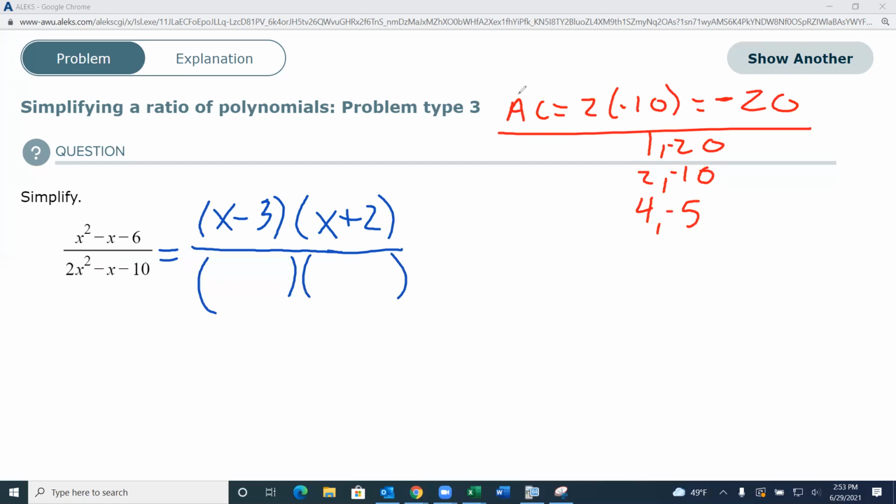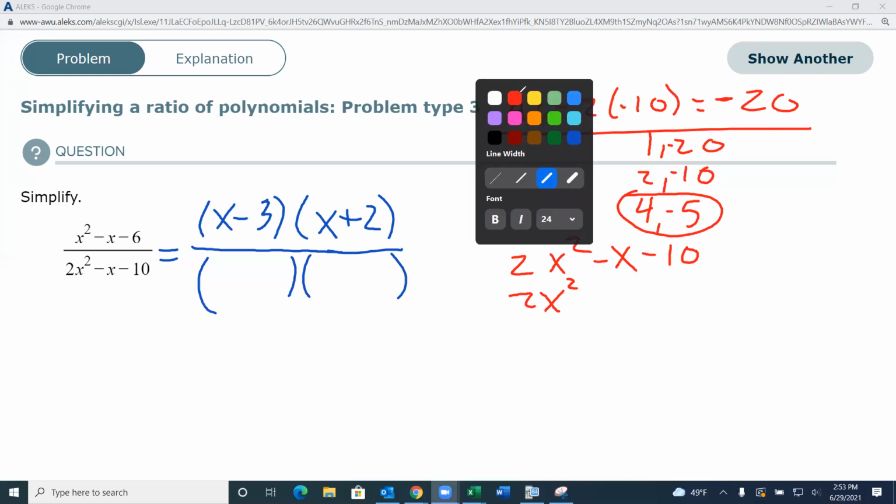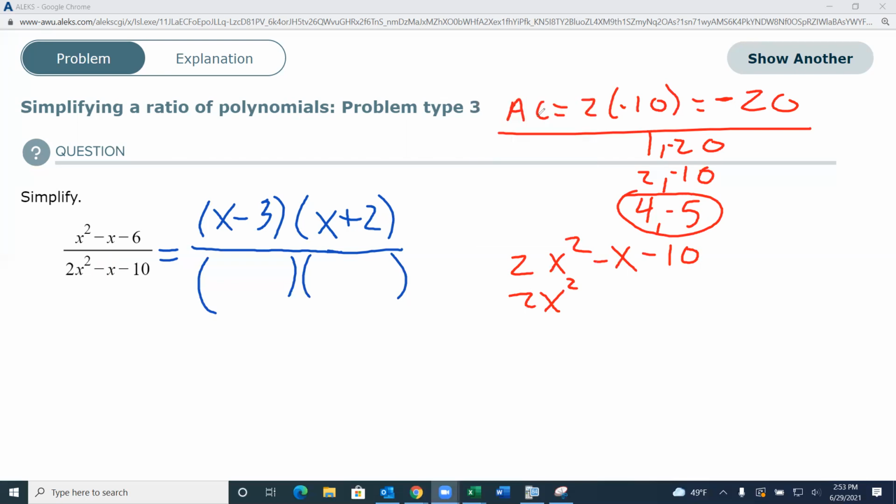And let's see, so there's the pair that adds up to negative 1. So I can rewrite 2x squared minus x minus 10 as 2x squared plus 4x minus 5x minus 10.